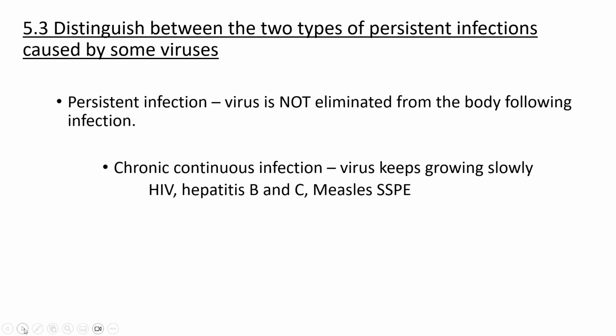A chronic infection is you get infected, you get the signs and symptoms, you get sick, but you just don't clear your body of that virus. It's chronic. It's chronically growing in the body. When we say you have a chronic infection, the infection, meaning the pathogen, remains in your body. So the chronic continuous infection is when the virus keeps growing slowly.